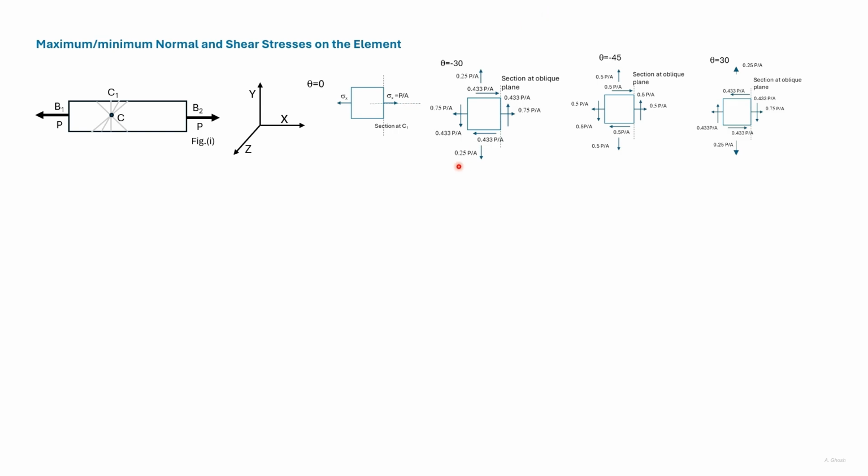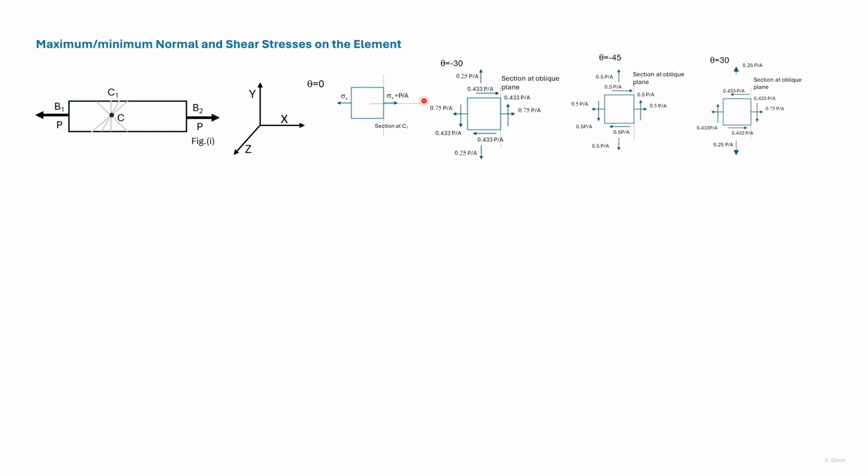If we look at the normal stresses acting in these three elements, we'll see that this stress P divided by A is the maximum. Now for this element, sigma y is 0. And if we look at the normal stresses again for these three elements, we'll find that the sigma y in this element is the minimum.